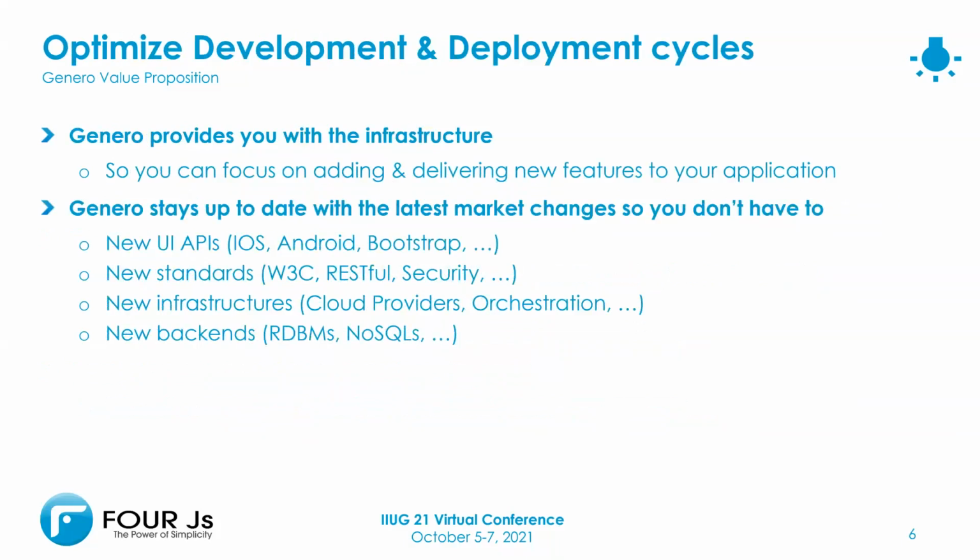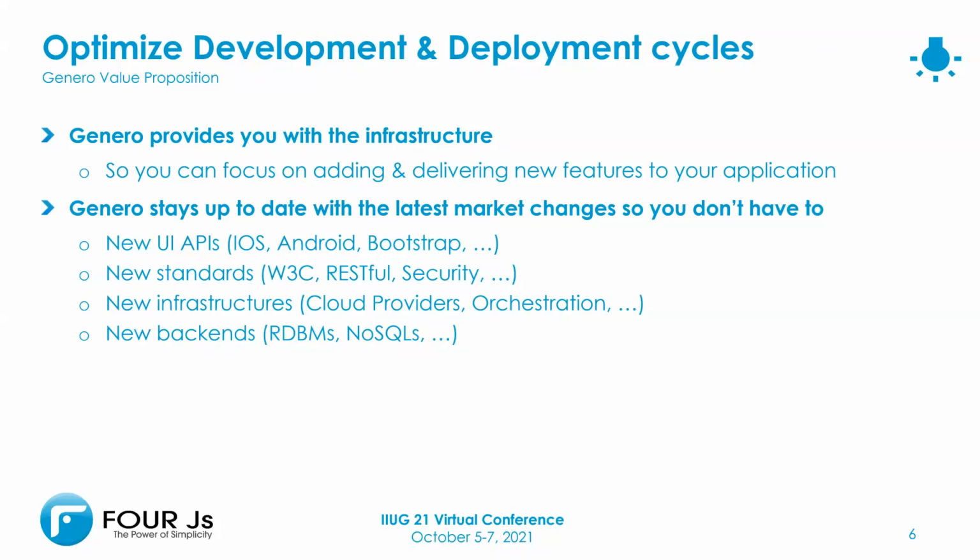And again, the second big word is infrastructure. Genero is an infrastructure, and you focus on the business logic. You focus on what makes your application unique, and what makes the value add for your application. And then you don't have to deal with the 3GL aspect of things, or recreating the infrastructure layers: the data access, the network, the user interface, etc. 4JS takes care of it for you.